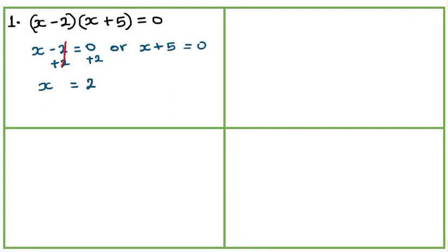This side we get minus 5 and this side minus 5, such that we get a 0 here and we get x is equal to 0 minus 5, which is negative 5. So this means that x is equal to 2, or x is equal to negative 5.